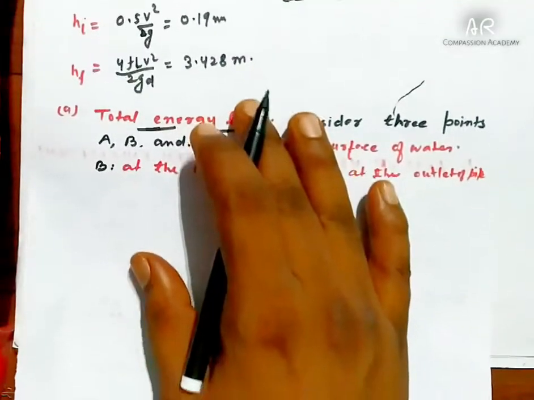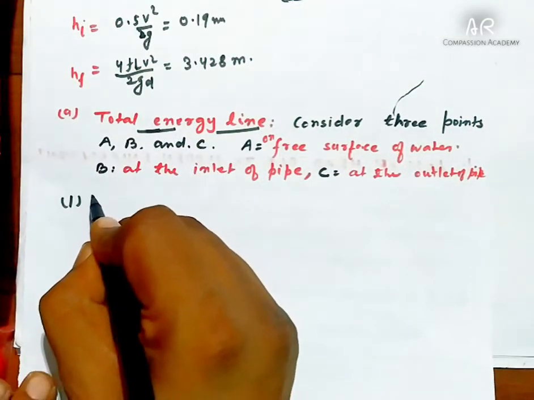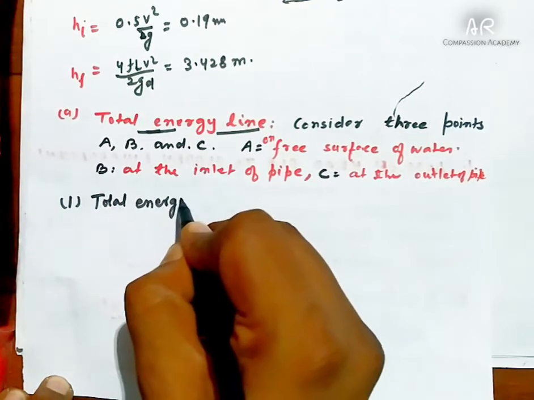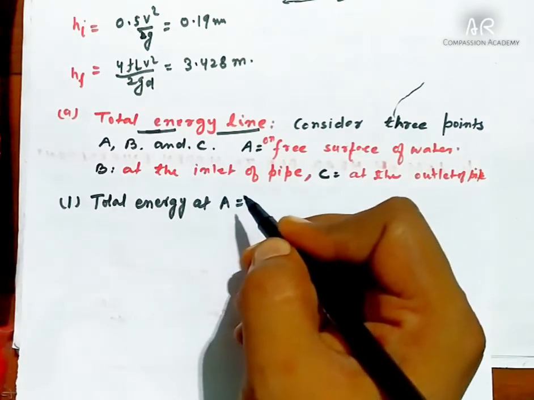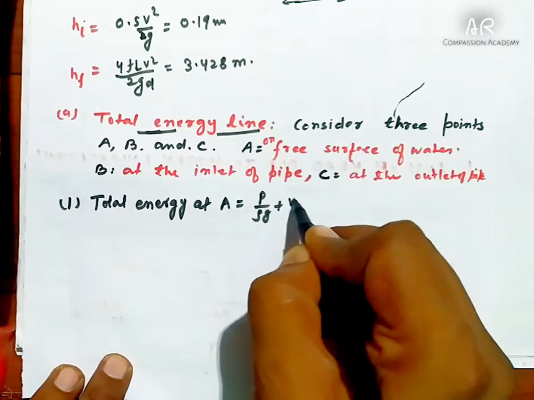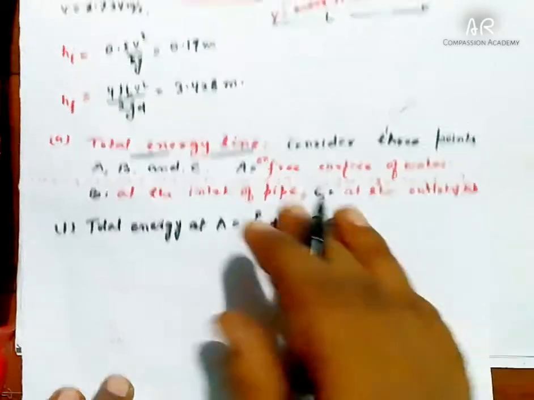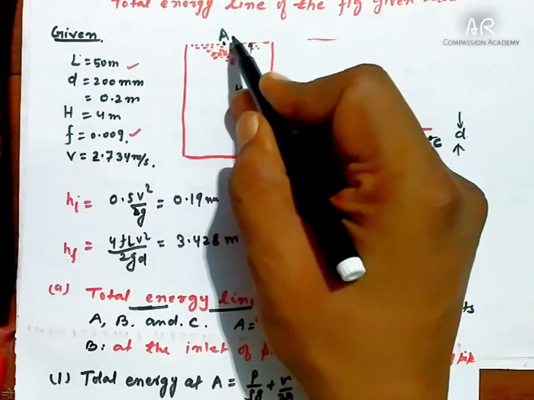Now total energy at A. What is total energy at A? It is equal to P by rho g plus V square by 2g plus Z. Then we know that A is on the free surface, so it is at atmospheric pressure.